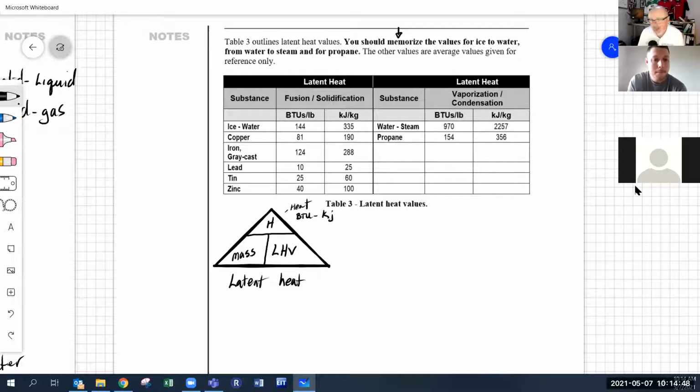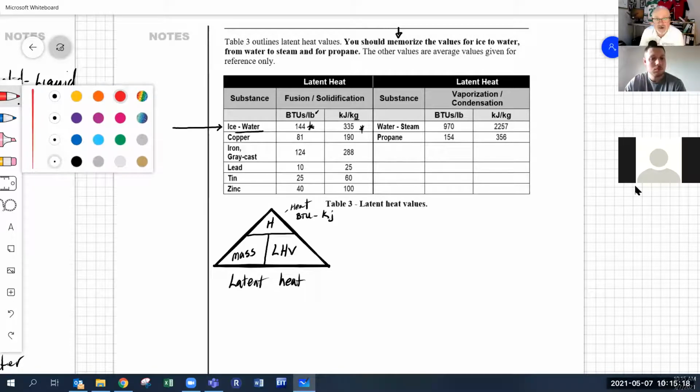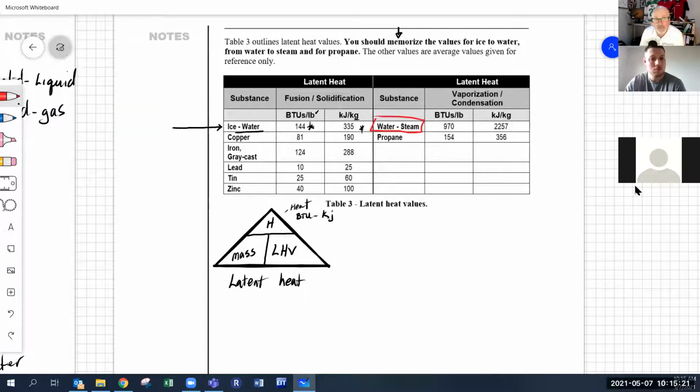For example, you can see if I'm going from ice to water, it takes 144 BTUs per pound of ice to change it to water. The metric equivalent to that is 335 kilojoules per kilogram of ice. The next one I want you to focus on for now is just the water to steam.